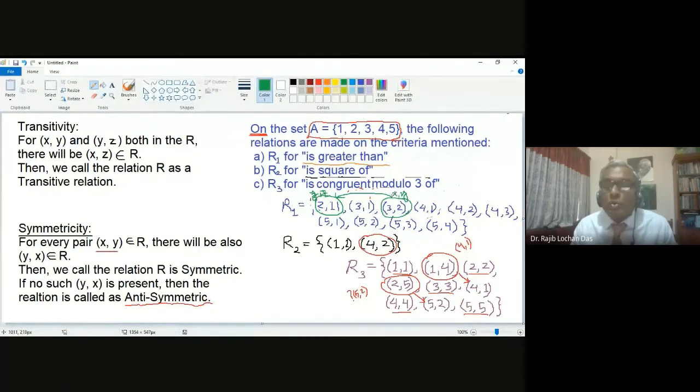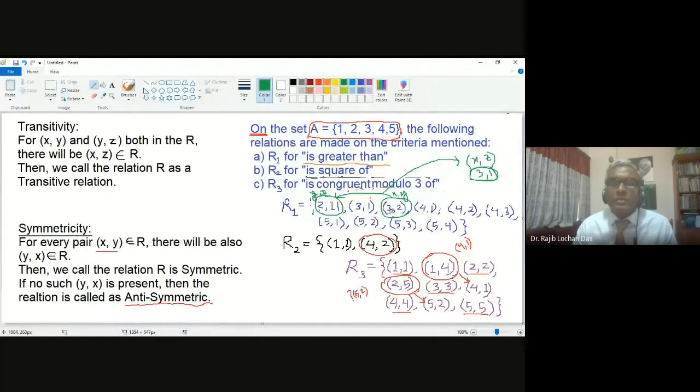If these two are the pairs, then you will look for the third one. What is the third one? x comma z, which is 3 comma 1. So do you have 3 comma 1? That is your question.